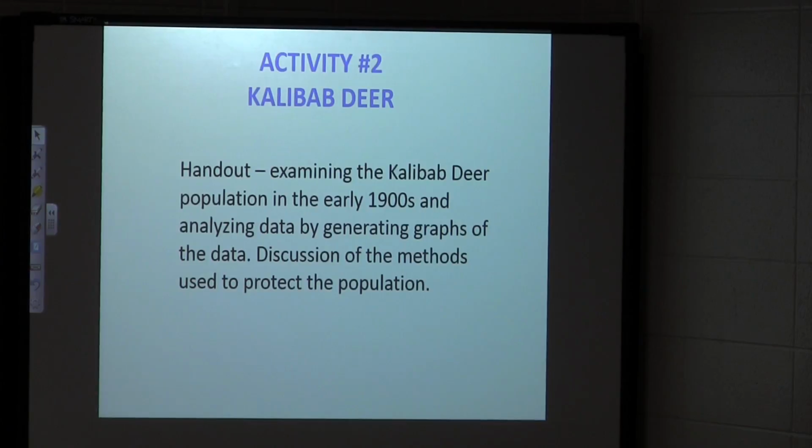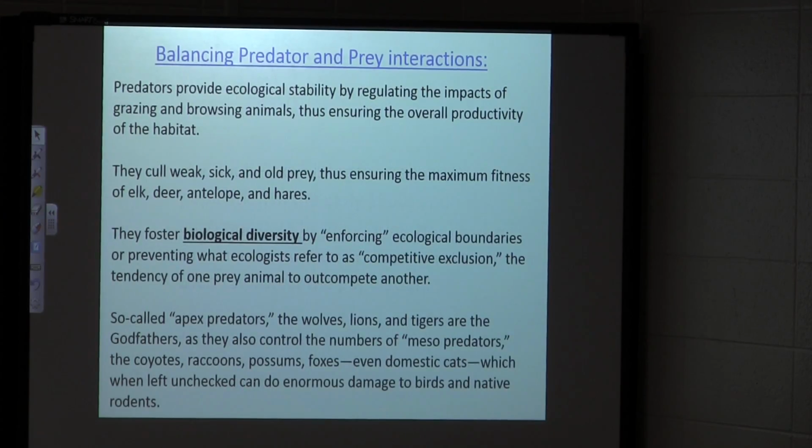So I will post that also so that you can have that as an additional activity with this first one that we did. And so I have information on predator and prey interactions, which are obviously very important for the environment. Even in the last activity that we just did, they're helping to provide ecological stability.